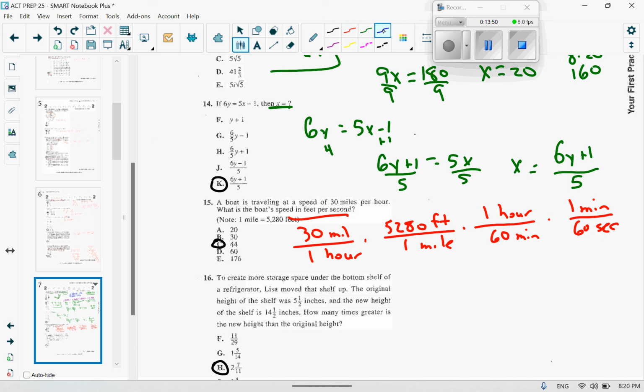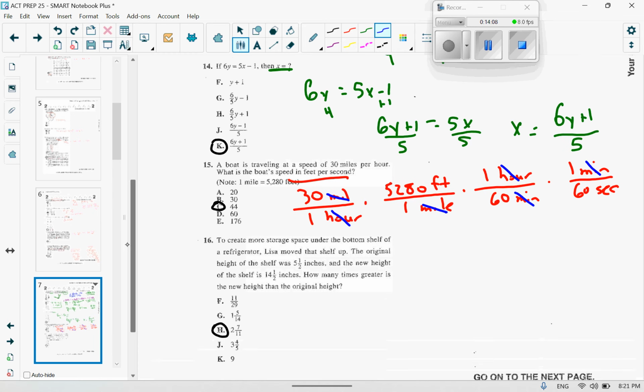Simple conversion problem. The reason I lay it out like this is my label mile cancels, hour cancels, minute cancels. So the only label I'm left with is feet per second. So I get 30 times 5,280 divided by 60 times 60. So I end up with 44.